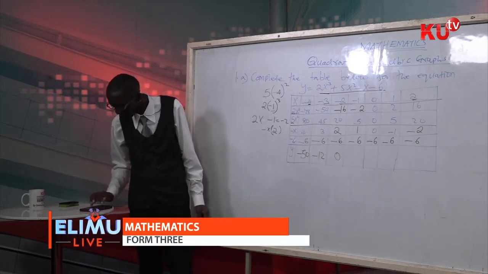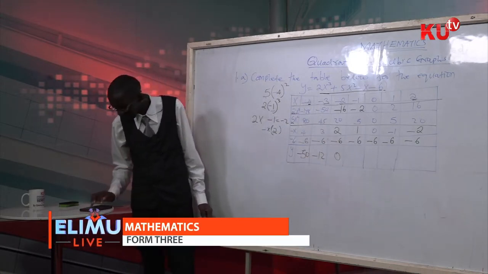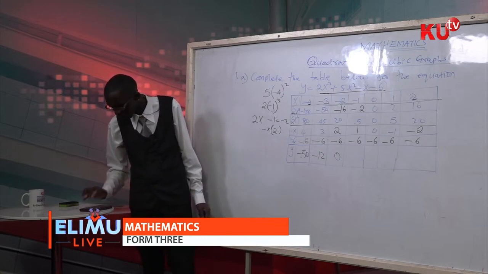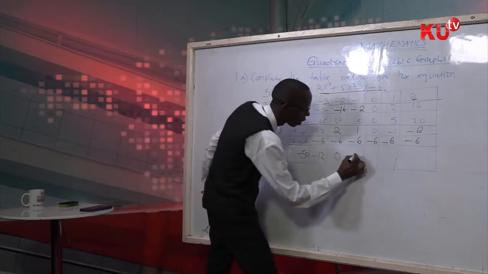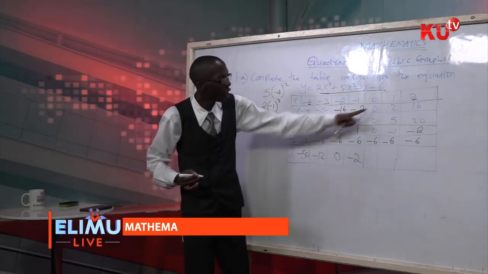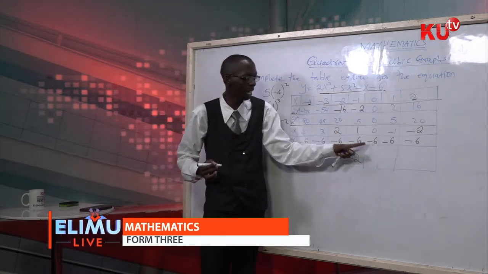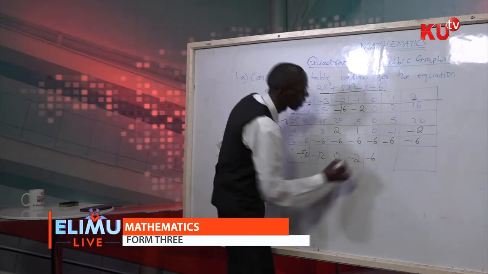Then negative 2 plus 5 plus 1 plus negative 6 plus negative 6. It will give us negative 2.